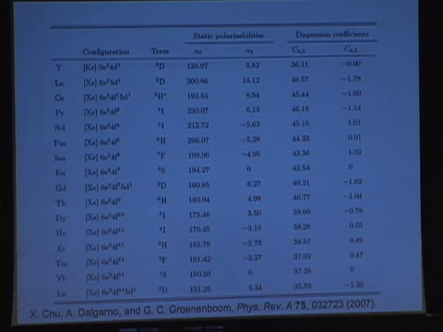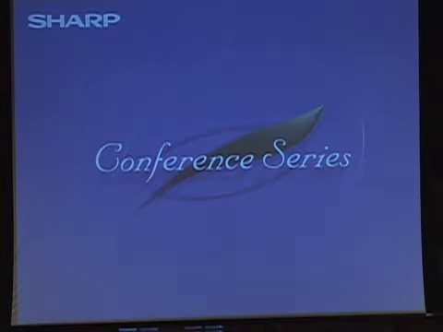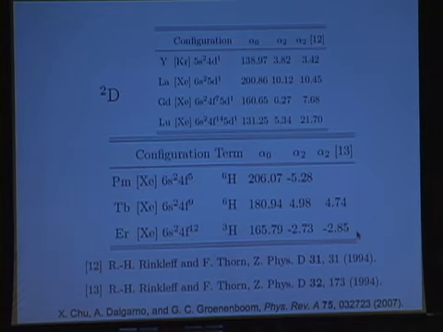The reason why polarizabilities decrease with increasing nuclear charge is that the electron density is pulled closer to the nuclei, and therefore they're not as polarizable. We haven't found any experimental data to compare with for alpha 0. However, alpha 2 has been measured by measuring the Stark shifts. So that's something we can compare with.